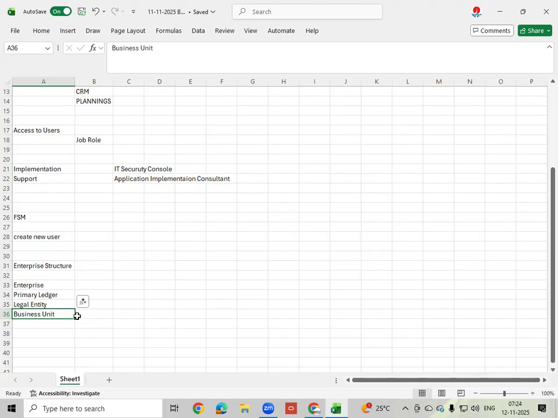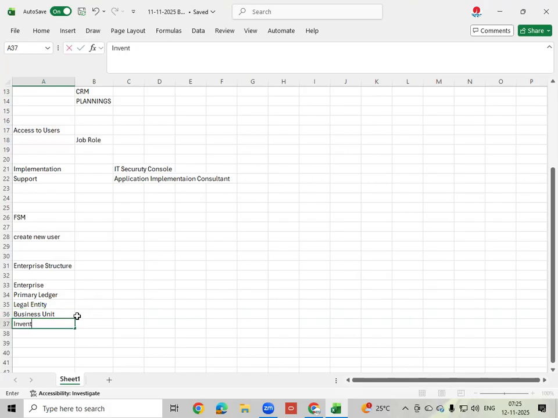And other financial transactions also, like payables, receivables, will be maintained at business unit level. So financial transactions, purchases, sales, CRM activities will be maintained at this business unit level. So next what?